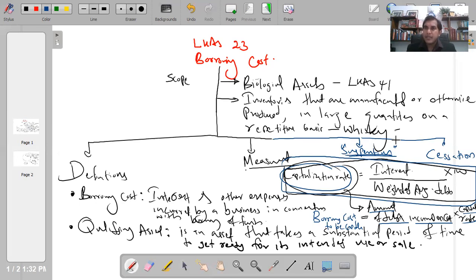But the standard clearly mentions that minor things are not significant. Therefore, the borrowing cost capitalization should be ceased or stopped when the main building, the construction part, is completed. Right? So please keep that in your mind.